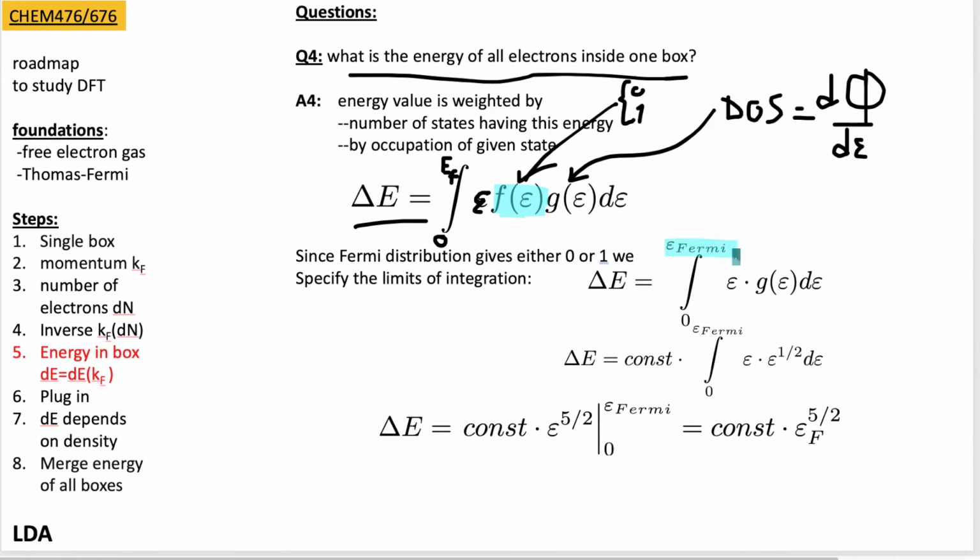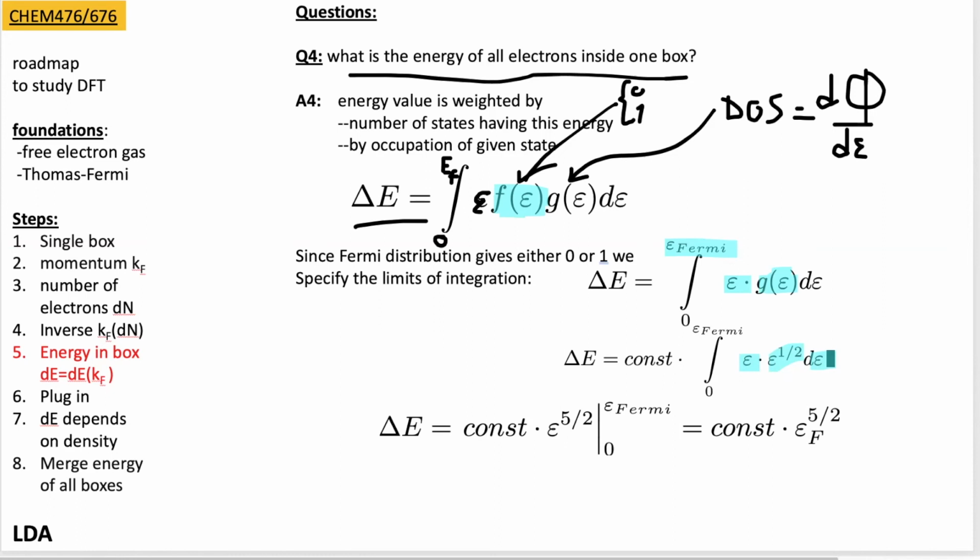Because after it will give zero contribution, and then I need just to multiply this density of states times energy. So basically, my mathematical problem is energy times square root of energy, integrated over energy.